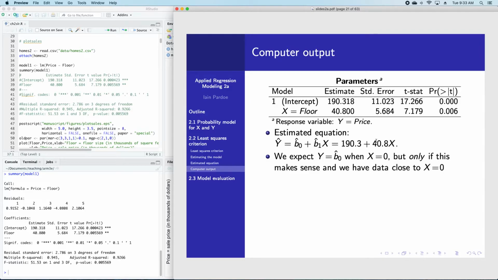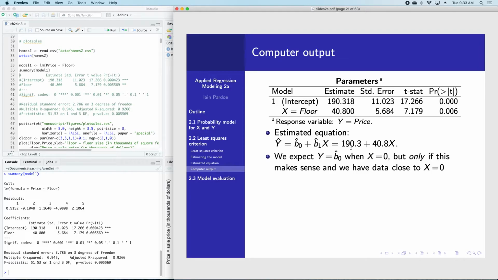And what these numbers mean is, let's focus on this one first. If I plug x equals 0 into this equation, I would have 40.8 times 0, so that would just go away, and I'd be left with y hat equals 190.3. So the 190.3 is what we expect y to be when x equals 0.